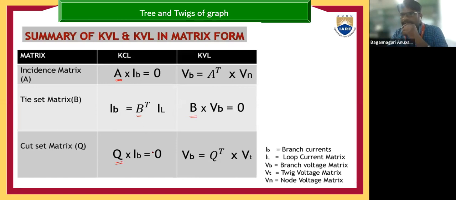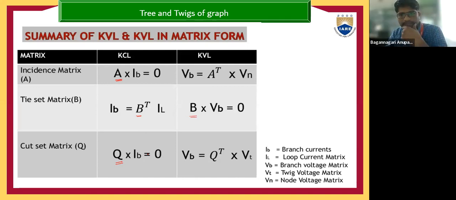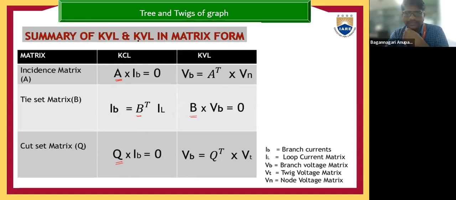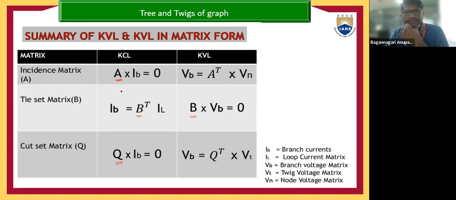What you have in the syllabus is just how to write a Cutset matrix, a Tieset matrix, and an incidence matrix for a given graph. But let us see where we employ the values you are getting, or the equations you are writing from here. Where do you employ the incidence matrix?